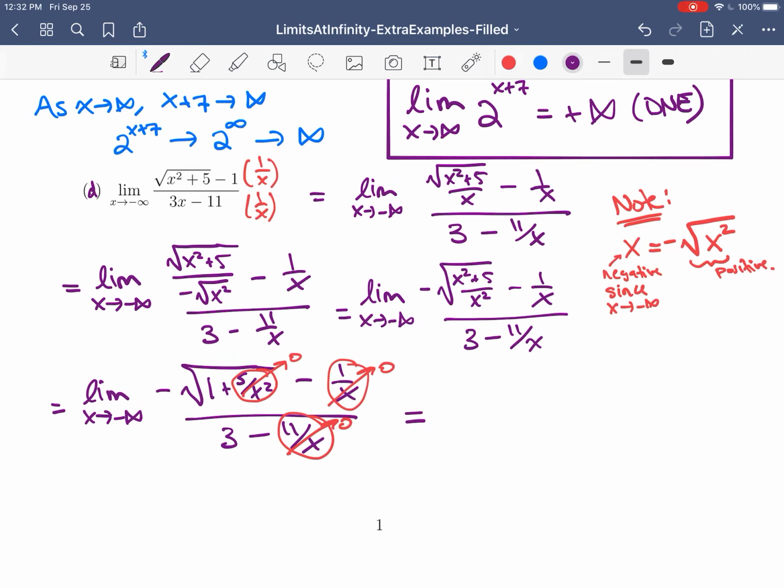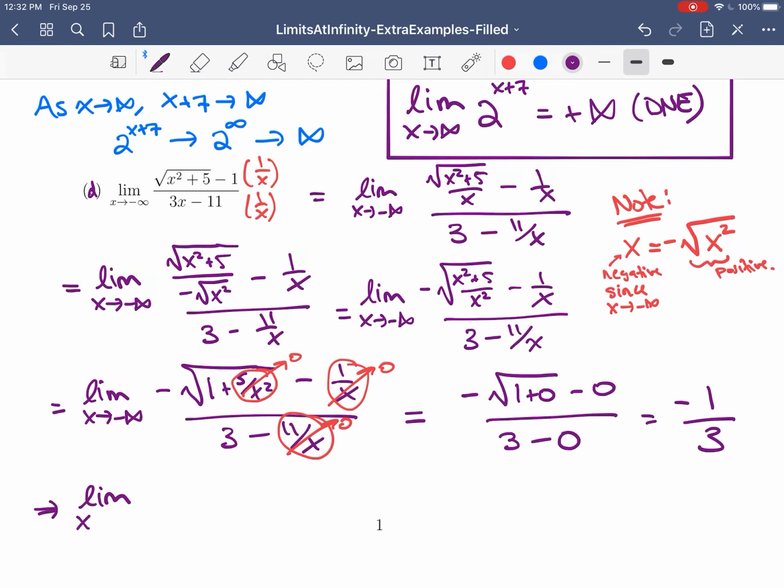So we're going to be left with negative root of 1 plus 0 minus 0 over 3 minus 0. So we're going to get negative root 1 over 3 as our final answer. So the original limit, x goes to negative infinity, square root of x squared plus 5 minus 1 over 3x minus 11, is equal to negative 1/3.